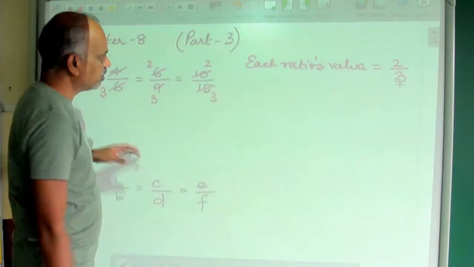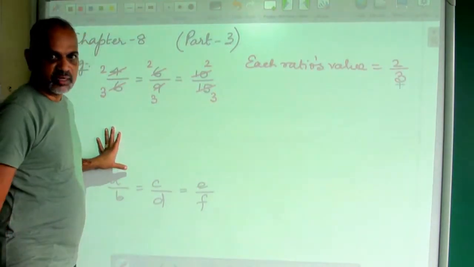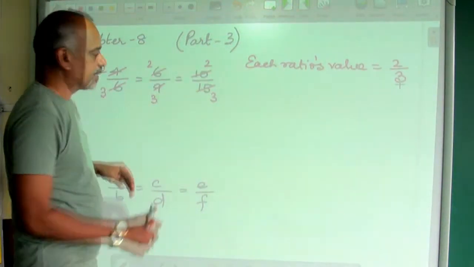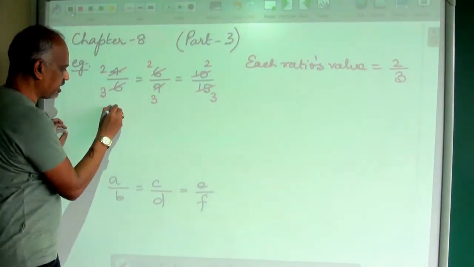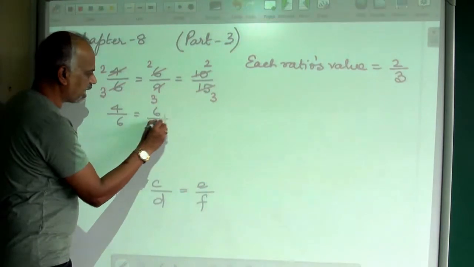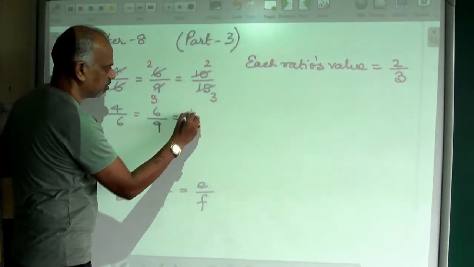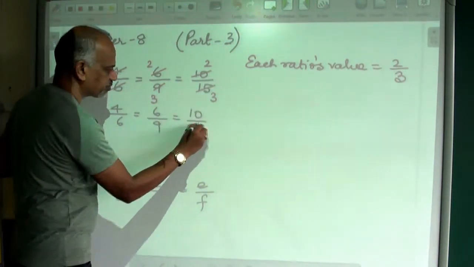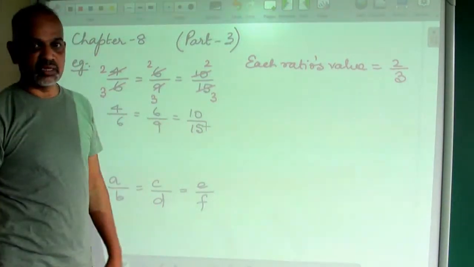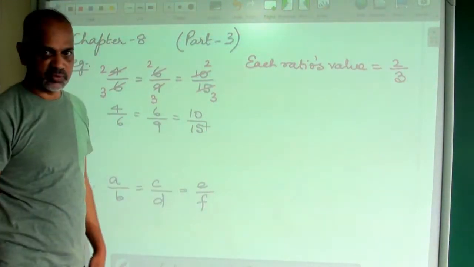So let's devise a method where we can find each ratio's value from here. Let's say this was the ratio that was given, 4 by 6 is equal to 6 by 9 and this is equal to 10 by 15. Now there should be some other method of finding each ratio's value.